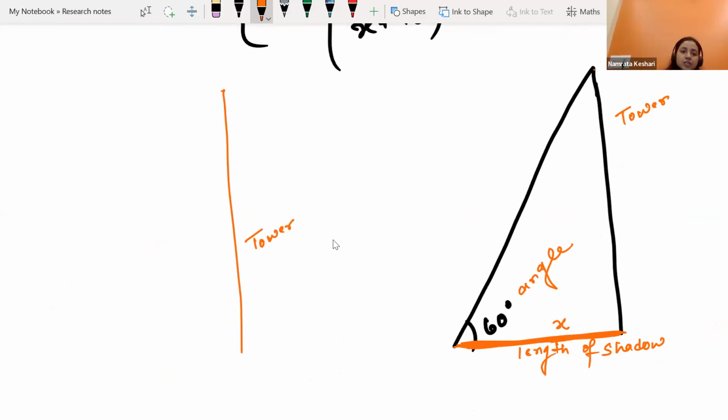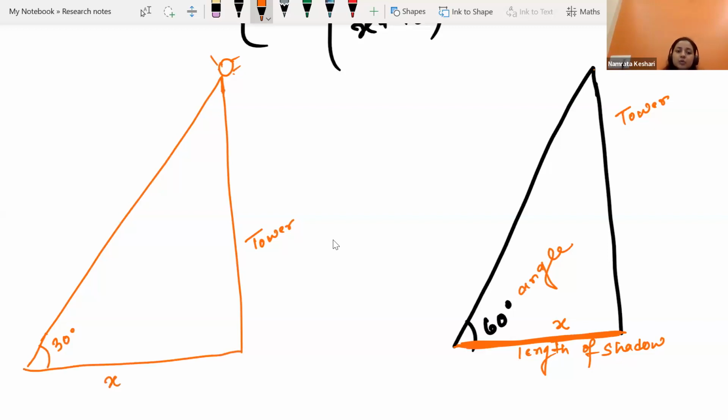Now this time the sun's altitude, here is the sun, is 30 degree. It will be taking 30 degree like this. Now this time the length of the shadow is 40 meter more than the previous. That's what the question says.